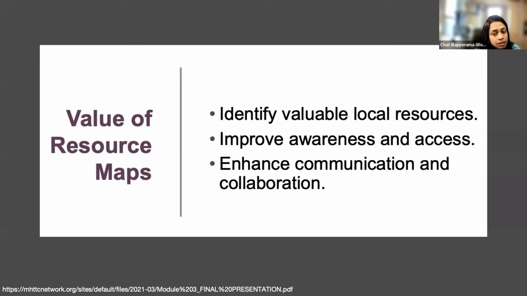So it's important that school mental health teams take the time to share resources that they as individuals may be aware of, that other people may not be aware of. For example, as a school psychologist, I may know of 5 resources that are available, and the school counselor may know another 5 that I was not previously aware of. If we come together as a team, we're able to discuss and lay out those resources and organize them as needed.